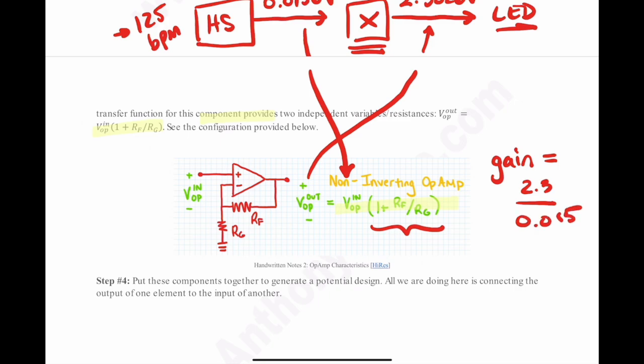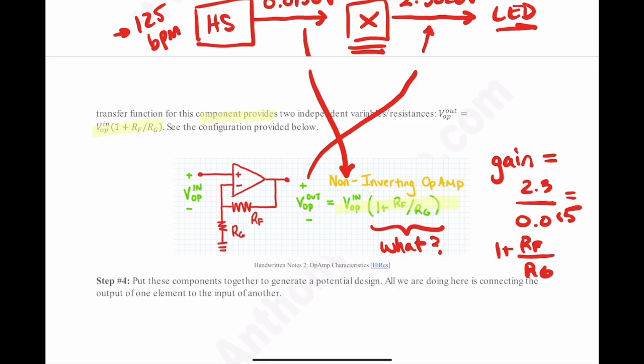So knowing that that's the gain, we can figure out what resistance values will satisfy that. We need for this value to be equal to 1 plus RF over RG. And we have freedom to choose any values for RF and RG as long as neither are less than 1,000 ohms.